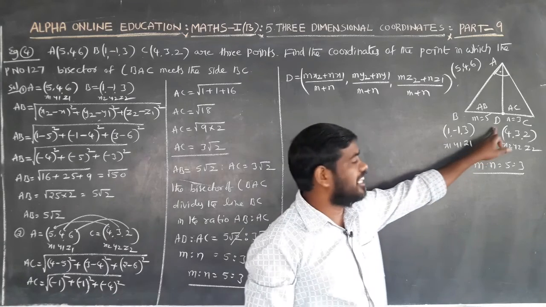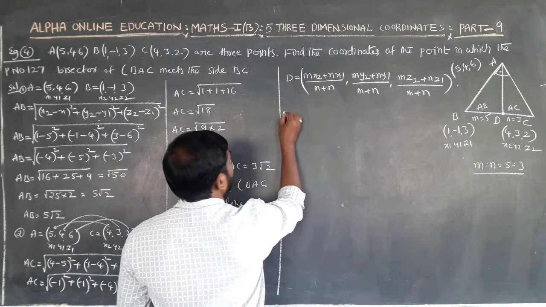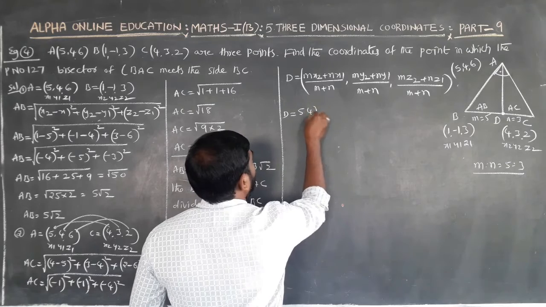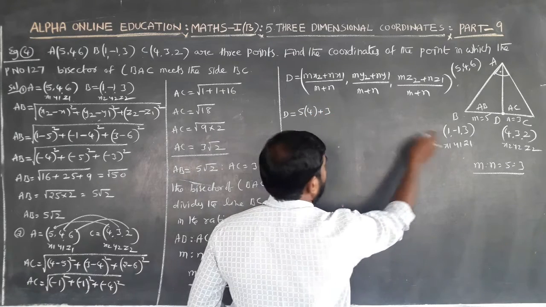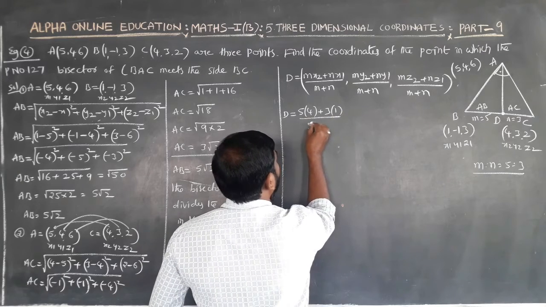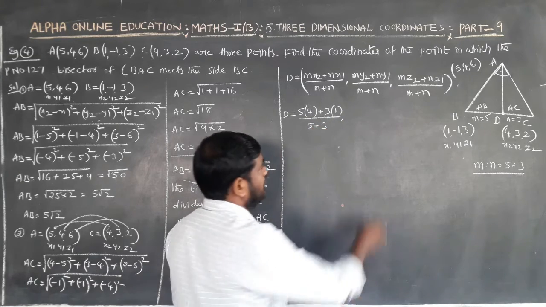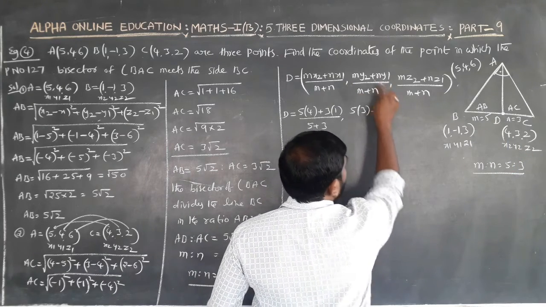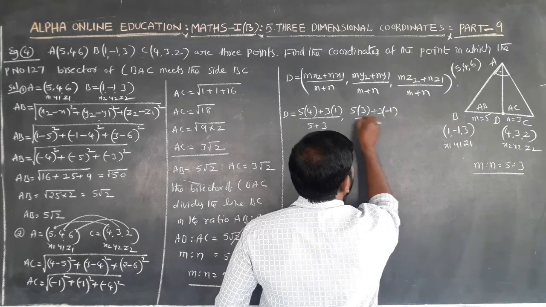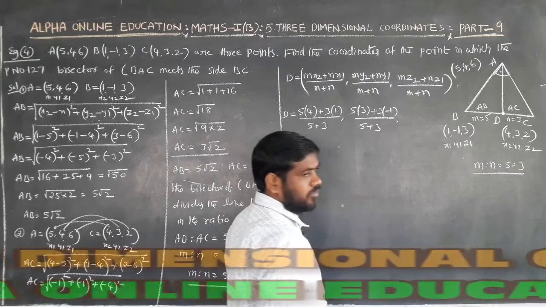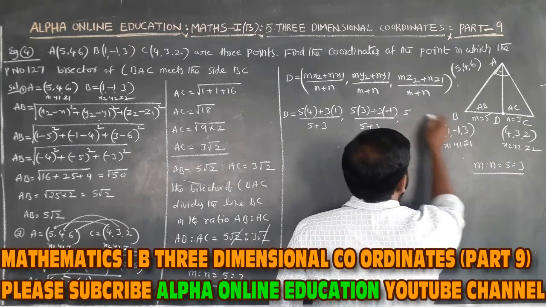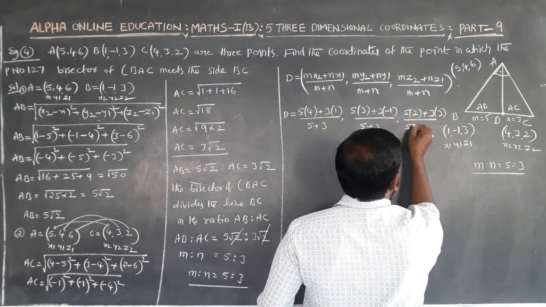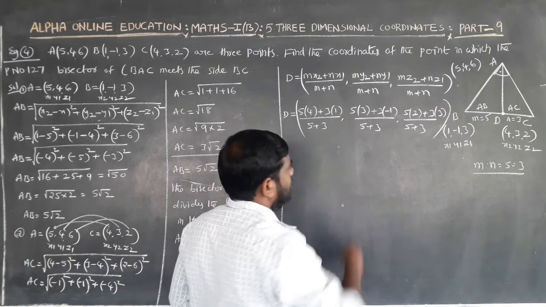Here m is 5, x2 is 4, n is 3, x1 is 1; y2 is 3, y1 is minus 1; z2 is 2, z1 is 3; m plus n is 5 plus 3.